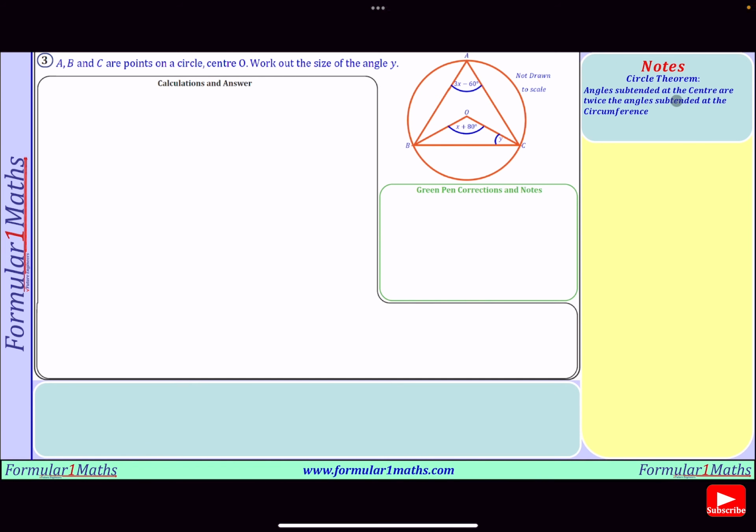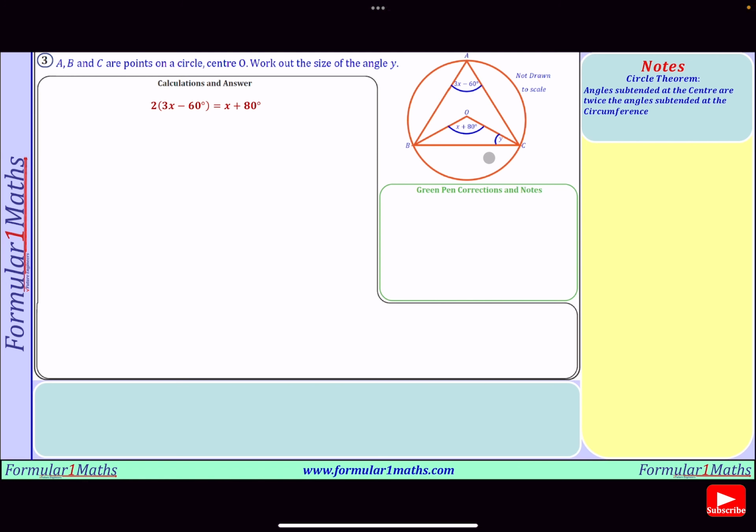So according to this theorem, angle BOC is twice angle BAC. This means that if I multiply 3x minus 60 by 2, I must get x plus 80. So 2 times angle BAC is equal to angle BOC.